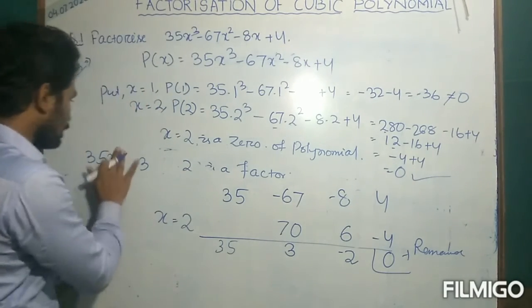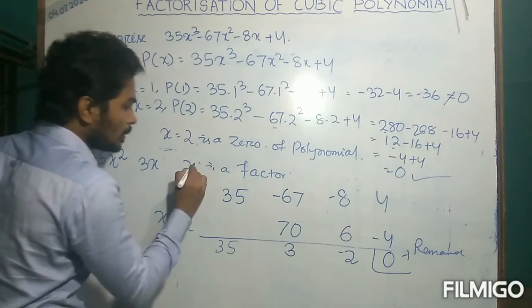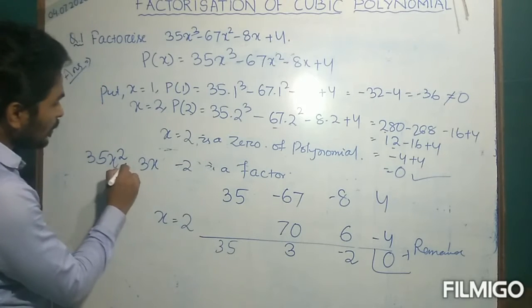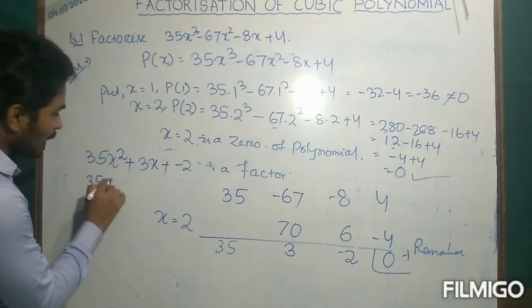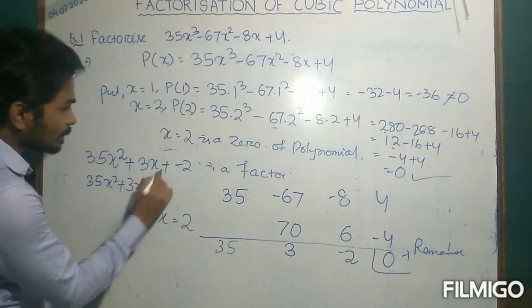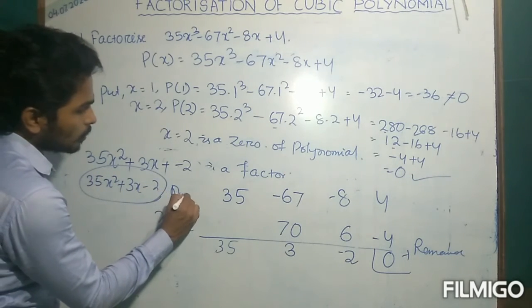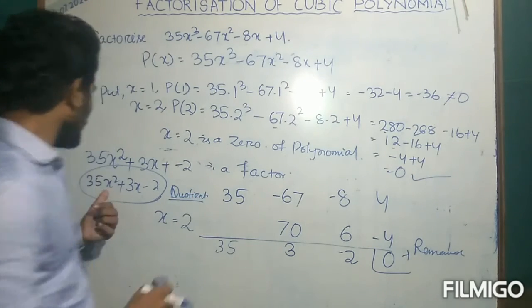So this term will be x square, this term will be x, and this term will be constant. So it will be 35x square plus 3x minus 2. Now this is the quotient term.